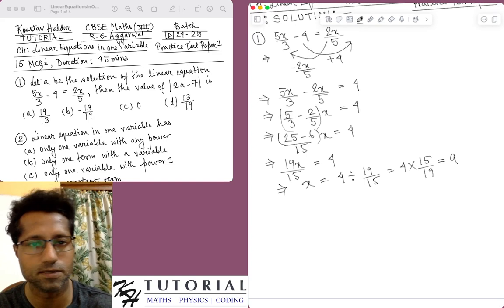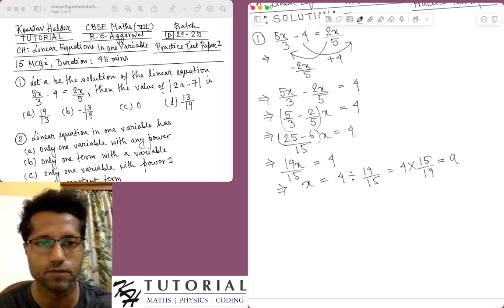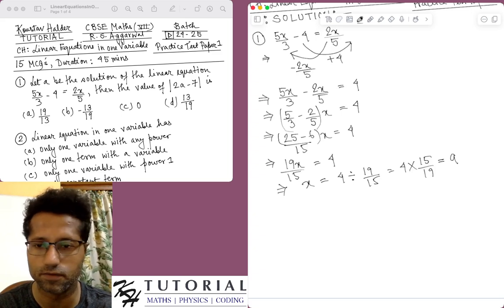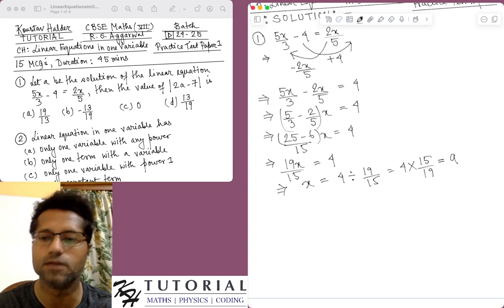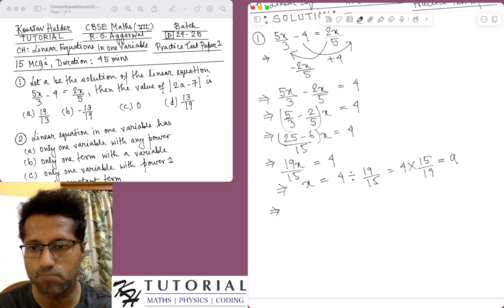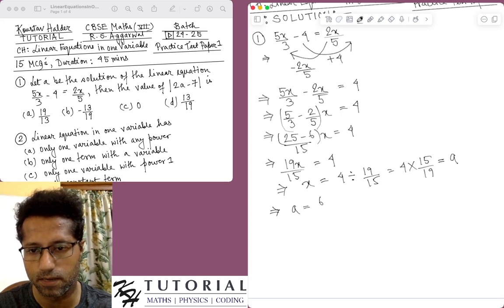This is given to be A, because in the problem it says that A is the solution of the equation, and we solved it. After solving the equation we got the solution 4 into 15 by 19. So 4 into 15 by 19 should be A. So A is 60 by 19.